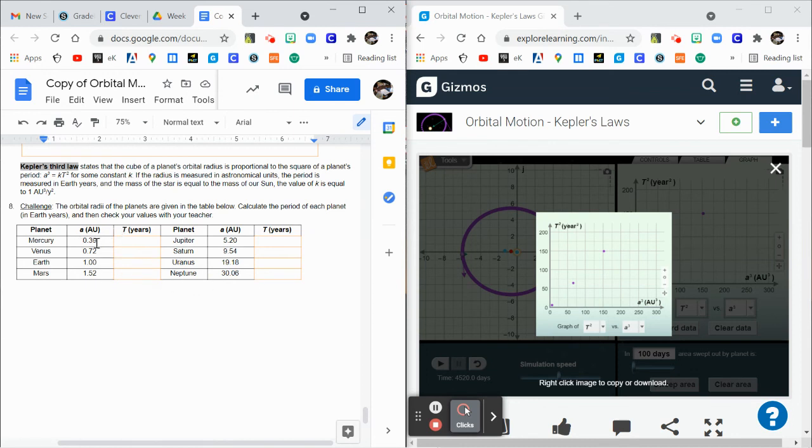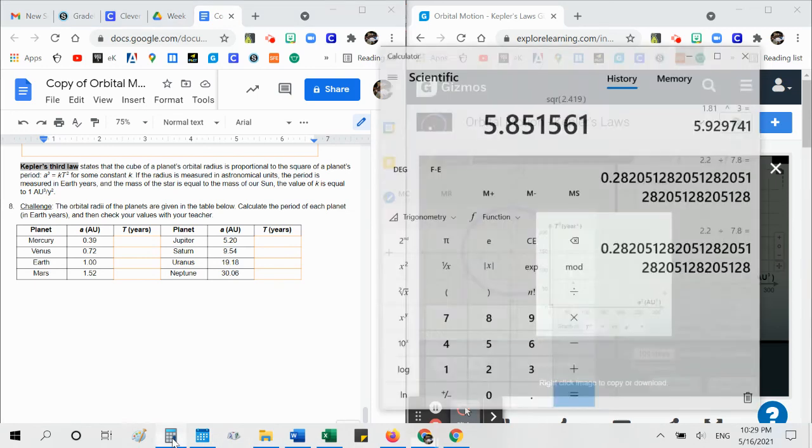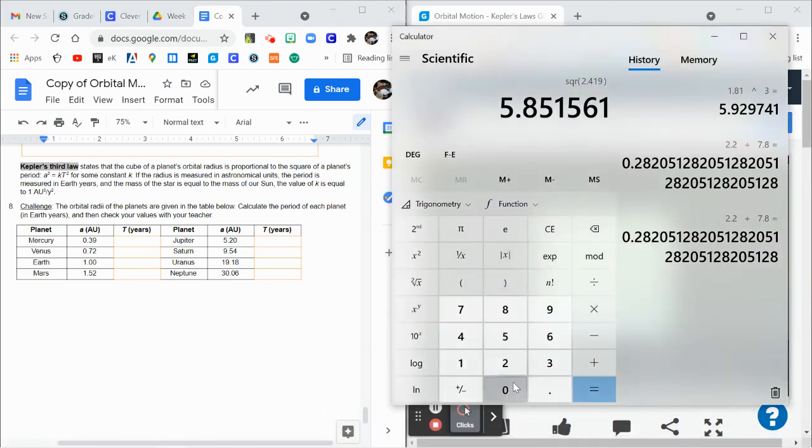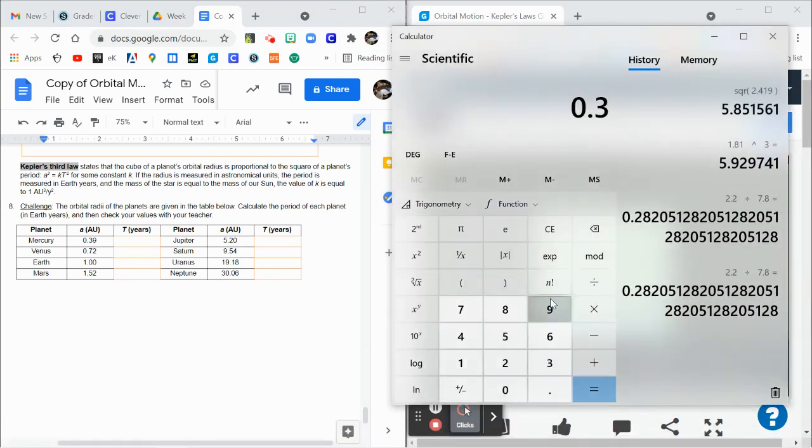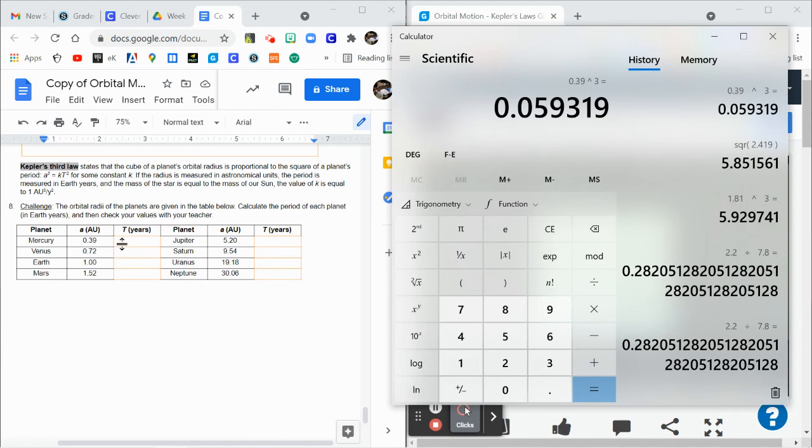So to solve this one, you have a cubed, which is 0.39 cubed, right? Because you are plugging in 0.39 into that a.